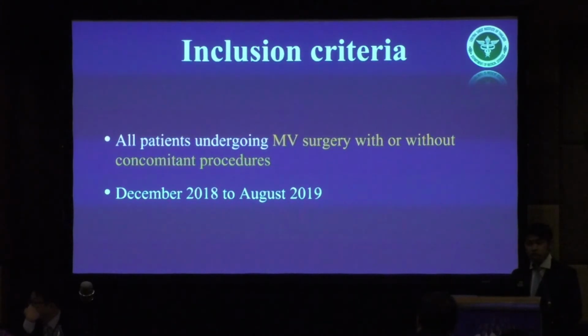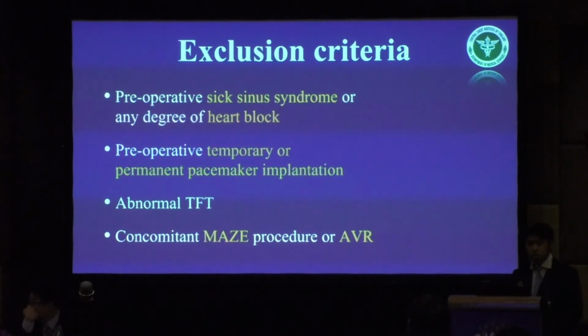Our inclusion criteria include all patients who underwent mitral valve surgery with or without concomitant procedures from December 2018 to August 2019. The exclusion criteria are patients with preoperative sick sinus syndrome, heart block, temporary or permanent pacemaker use, abnormal thyroid function test, or concomitant MAZE procedure, or aortic valve replacement.